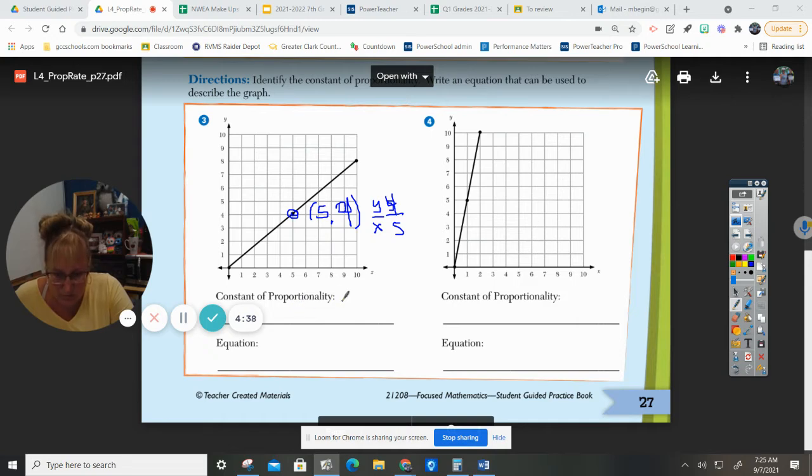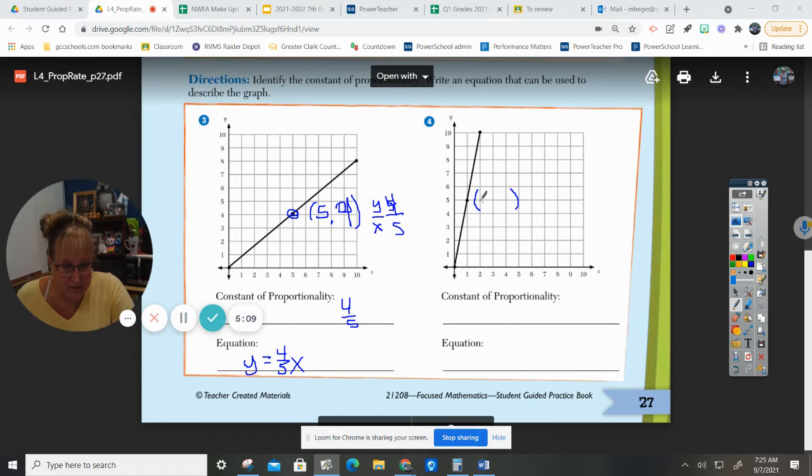So my constant of proportionality is my y over x, which is 4/5. That means that any point that I get on here, if I multiply x by 4/5, they should equal each other. We'll go over that better when it's a better equation or better constant. So we're just going to substitute that in. y equals 4/5 x.